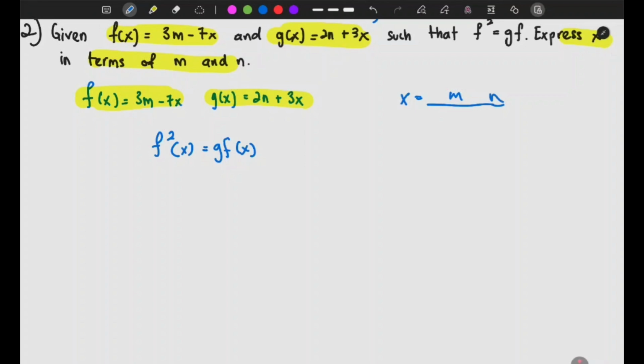That's it. So first thing, let's do this. What is f squared x? f(f(x)) and gf(x). And next thing, expand them, add a bracket.